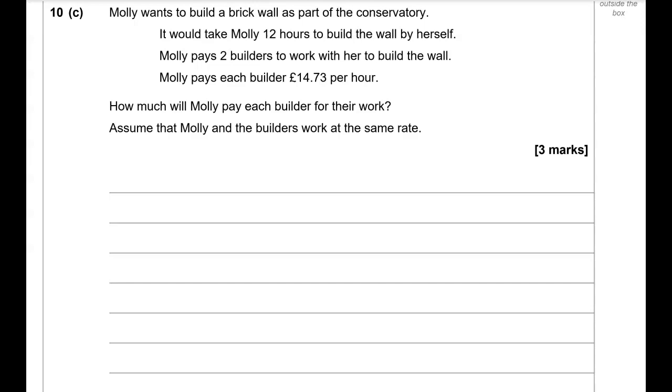So it takes one person 12 hours. So Molly pays 2 builders to work with her. So that would be 3 people doing this now. So to get from 1 to 3, we multiply by 3.